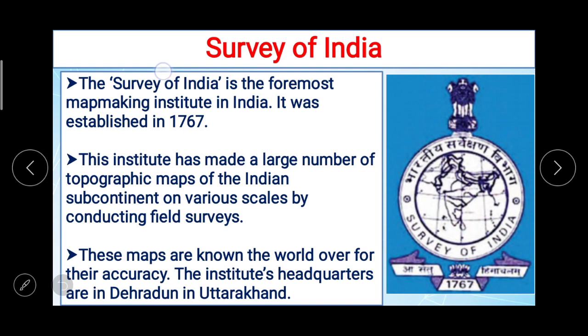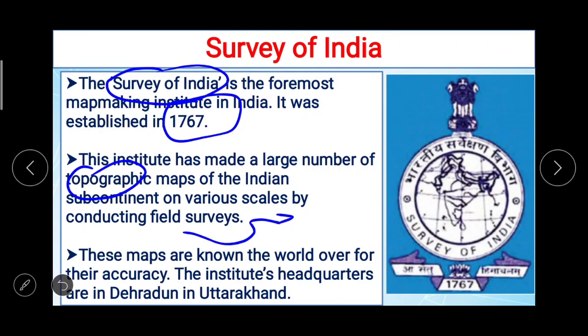The Survey of India is the foremost map making institute in India, and it was established in 1767. Just think about the year. This institute has made a large number of topographic maps of the Indian subcontinent on various scales by conducting field surveys. मैप बनाने के लिए ये basic चीज़ है कि आपको field survey करना पड़ता है उस जगह का, and then you can go for the map.